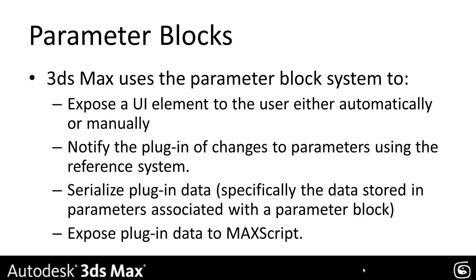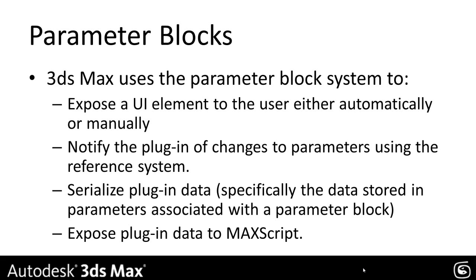It also is used to notify the plugin of changes to parameters using the reference system. So we looked at that with that graph. It's also used to serialize the plugin data. So anytime the file is loaded or saved, the parameter block system is reading and writing that data. Okay. And finally, it will automatically expose plugin data to MaxScript.